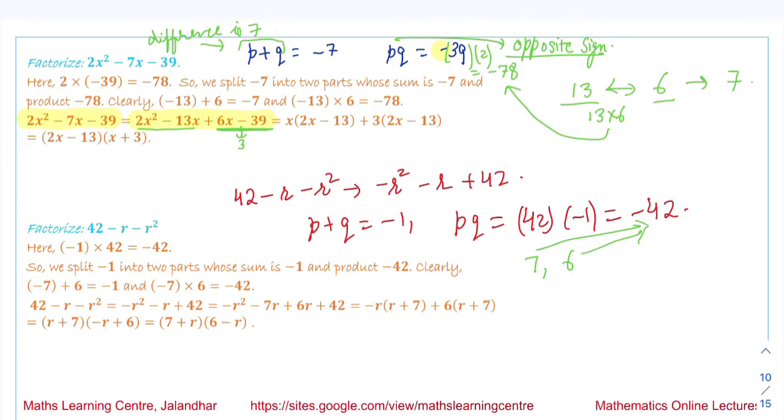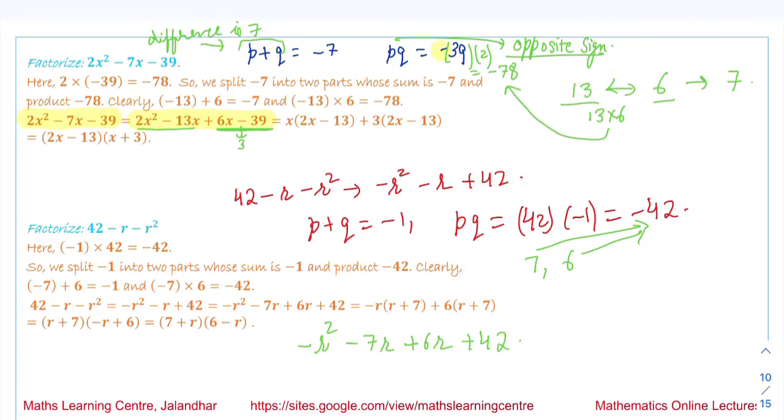So how we can write this is minus r square, then minus 7r plus 6r, and lastly plus 42. So this is your answer.